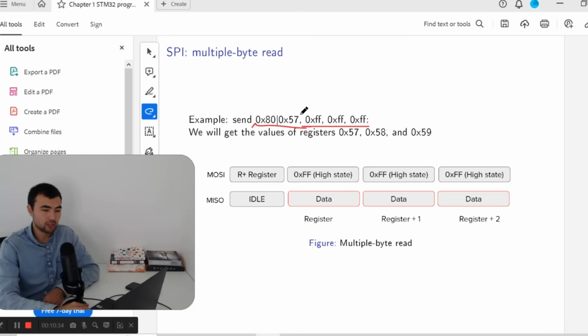Then we have these 3 dummy bytes, and what we get is 3 bytes, which are the values of registers 57, 58, and 59. It starts from this register, then it will just automatically increment. So we have 57, then 58, then 59.